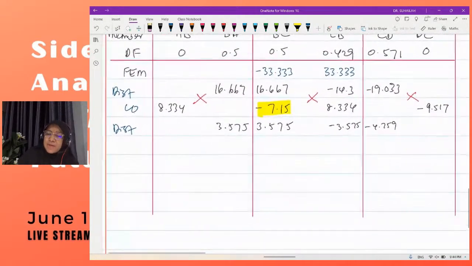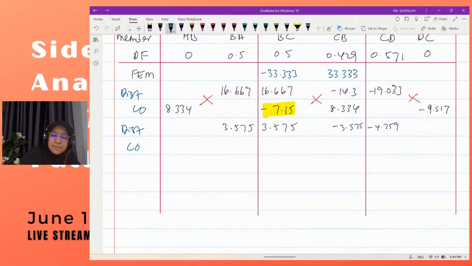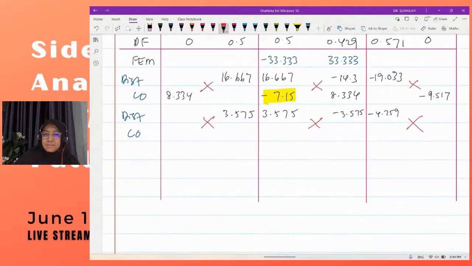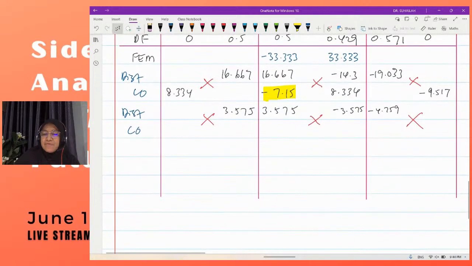So we move to the next step, carry over. We carry the value like this. 3.575 divided by 2, or times 0.5, is 1.788.